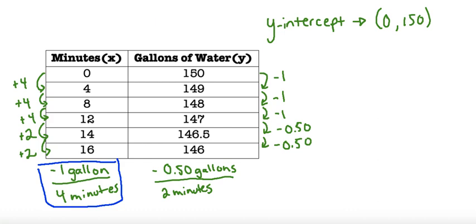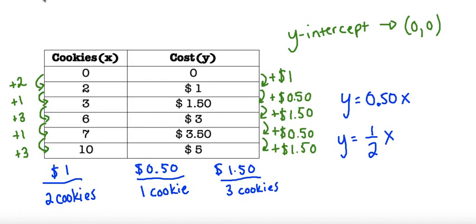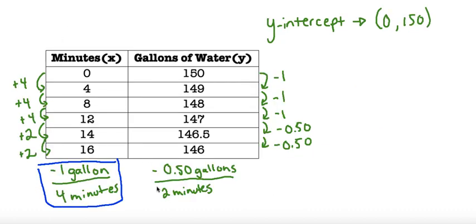So that's kind of what I meant too, looking at this previous example, but the fact that it's over 1, we could just write it as 0.50. This one is over 2, so I'd have to write it as -0.50 over 2, or I'm just going to write -1/4.